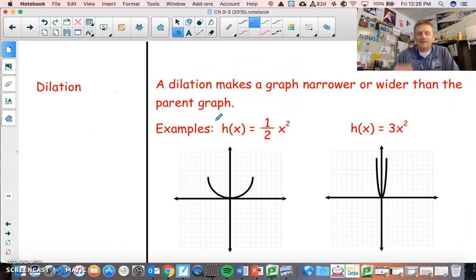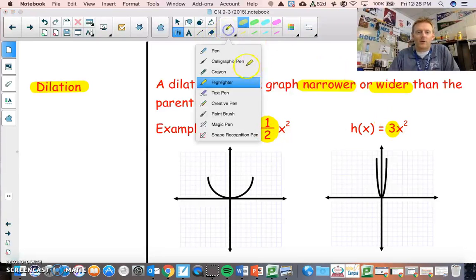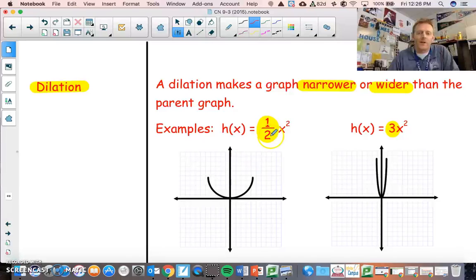All right, dilations. Dilations are our next thing that we're going to talk about. A dilation is when the graph goes more narrow or more wide. If you'll notice carefully here, our coefficient is going to tell us if things are going to get narrower or wider. So if the number A is less than 1, like a fraction or a decimal less than 1, our graph is going to get wider, like taking a rubber band and stretching it wider.